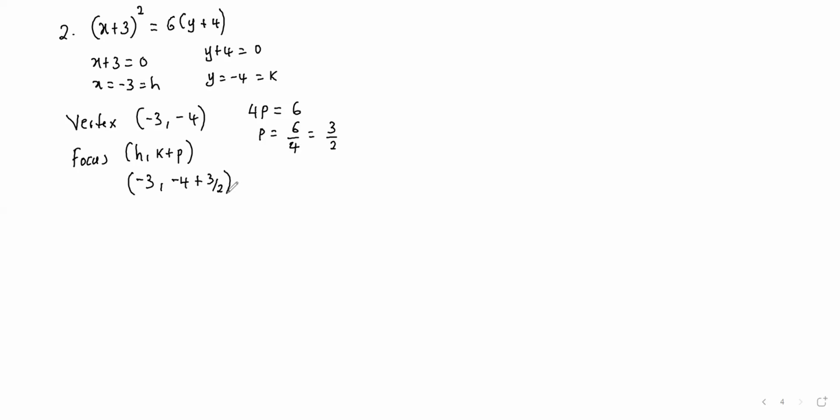Like that. So this is simply -3, comma negative 8 plus 3, that's negative 5 over 2. That's the focus. What about the directrix? So let's check the directrix.